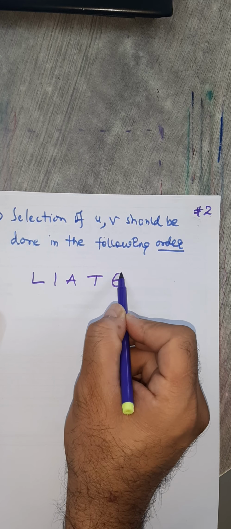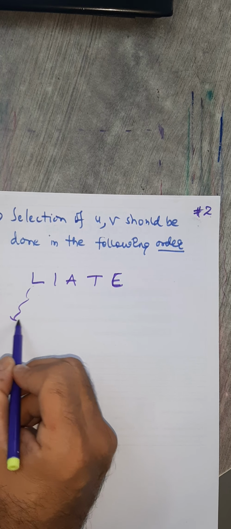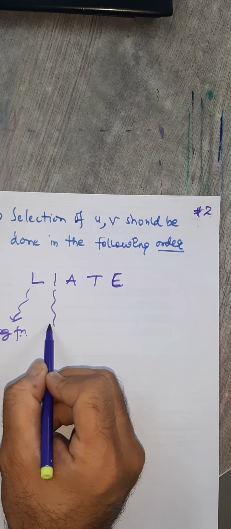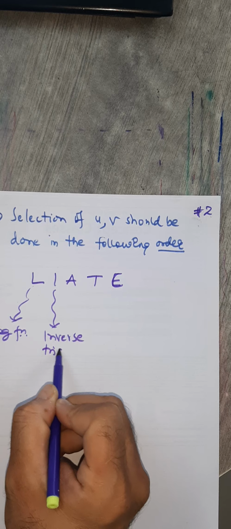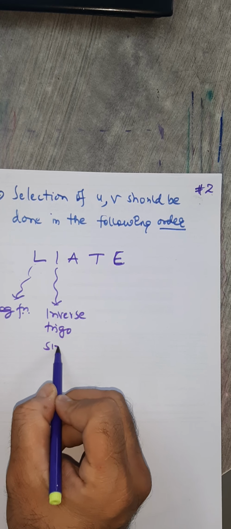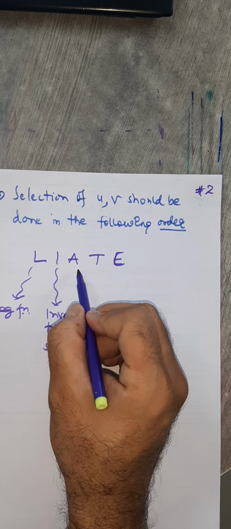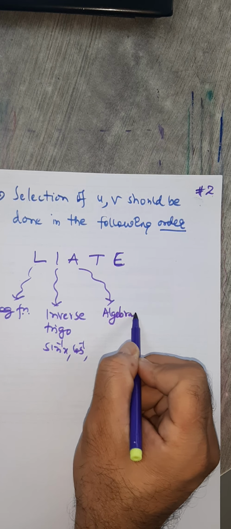L-I-A-T-E, the LIATE rule. Which rule? The LIATE rule. What is L? L is log function. What is I? That is inverse trigo function. Inverse trigo, you know, means sine inverse, cos inverse and so on. What is A? That is algebraic. What do you mean by algebraic?